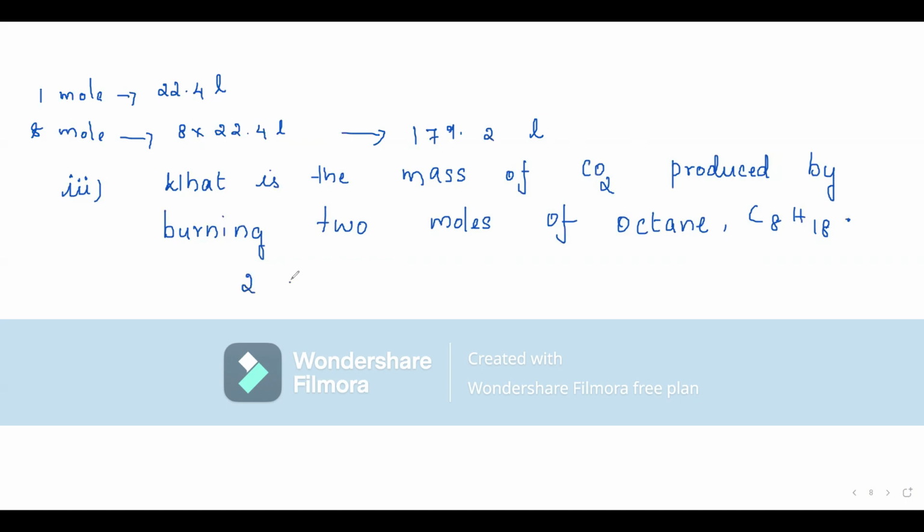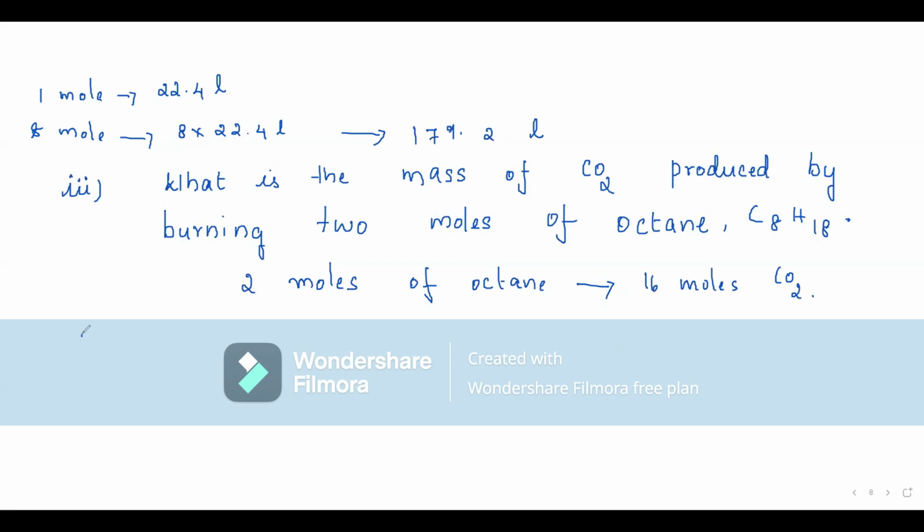Next, what is the mass of carbon dioxide which is produced by burning 2 moles of octane? So again, I will take the relation. 2 moles of octane gives us 16 moles of carbon dioxide. Okay, so what is the question? What's the mass of carbon dioxide?